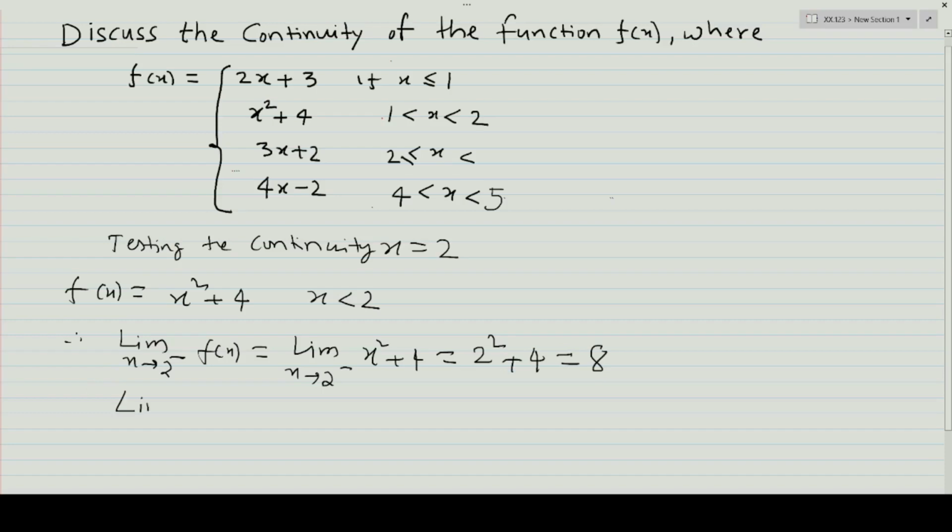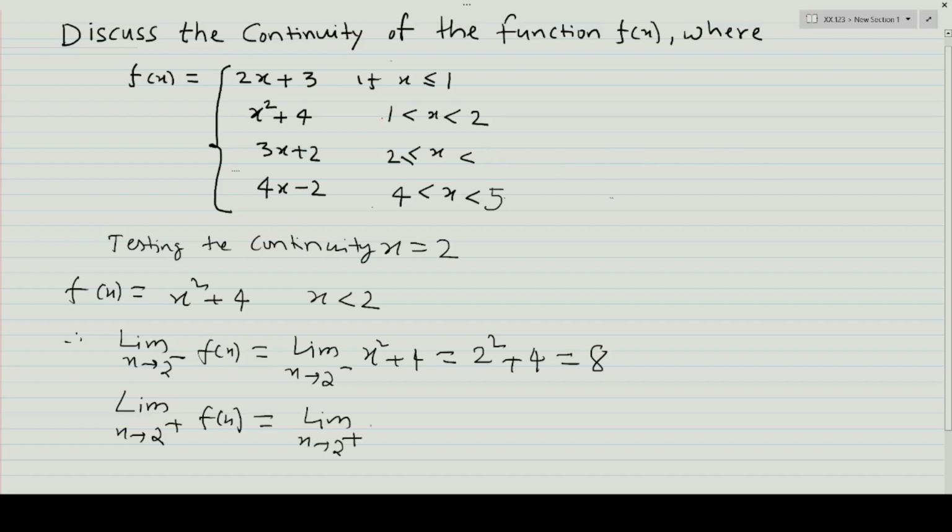Similarly, the limit as x tends to 2 plus of f(x). This is nothing but f(x) for x greater than 2.